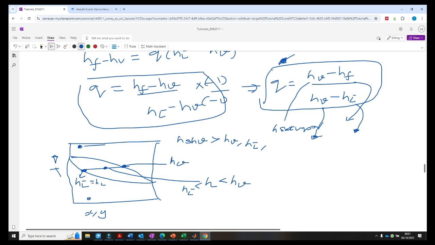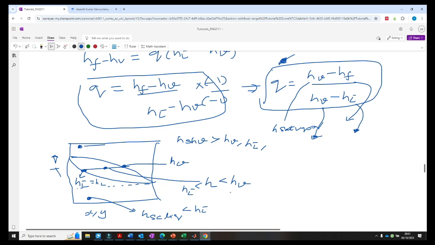You also have something here which is subcooled liquid. This is well below the boiling point of your more volatile component, so somewhere here is the enthalpy of the subcooled liquid. This should be much smaller than HL dash. So we can arrange them in a particular order.